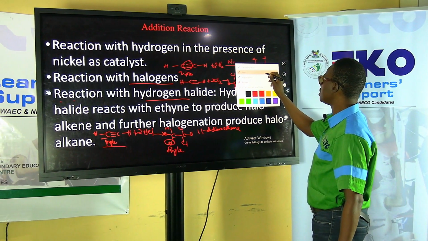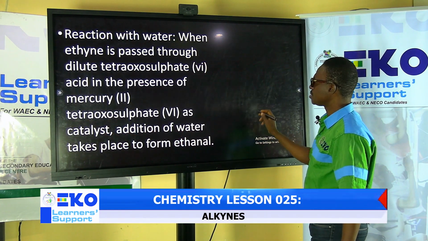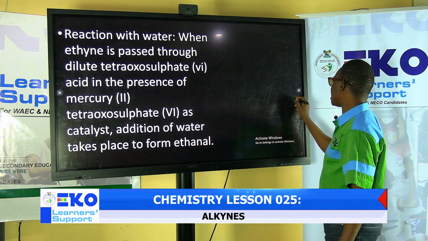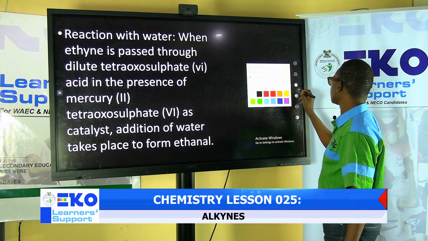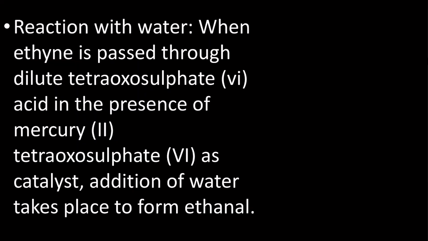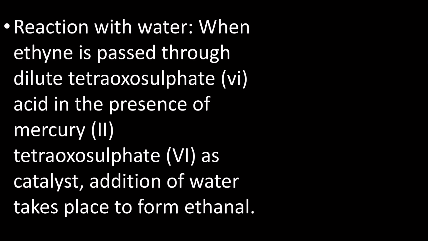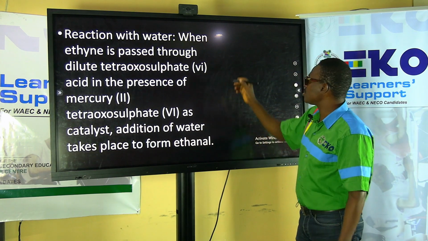Let me undo this and let's go to the next slide. Good. Reaction. We have a lot of reactions. Reaction with water. When ethyne is passed through diluted tetraoxosulphate VI acid in the presence of mercury II tetraoxosulphate VI as a catalyst, the addition of water takes place to form ethanol. You begin to imagine.